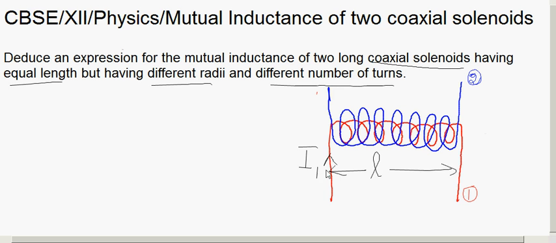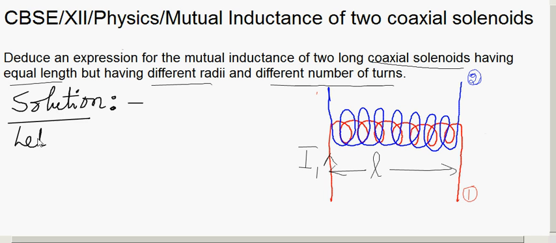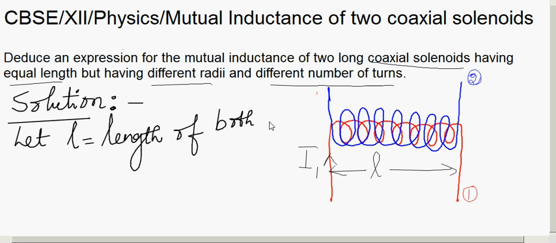Now we will write all these quantities, whatever we have assumed. So let L be the length of solenoids 1 and 2, because they have equal lengths.